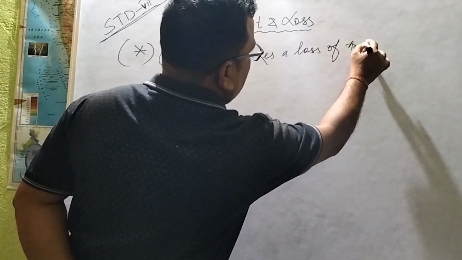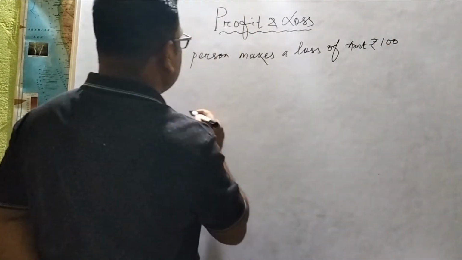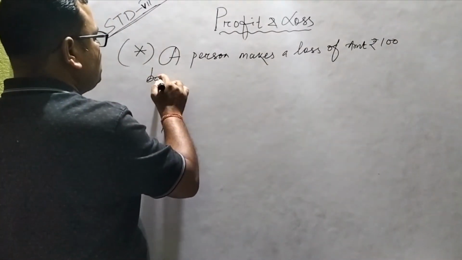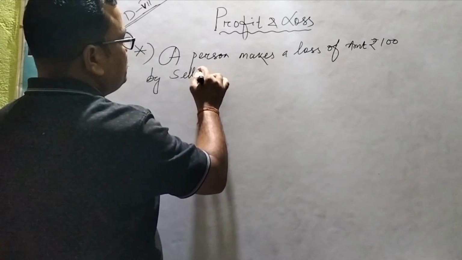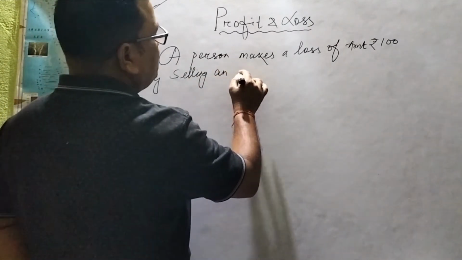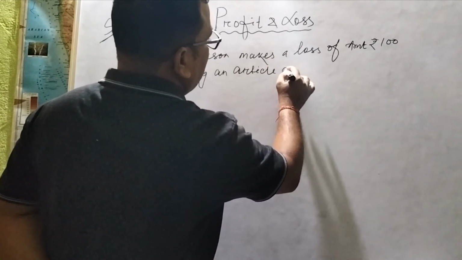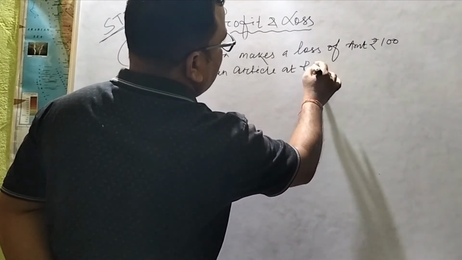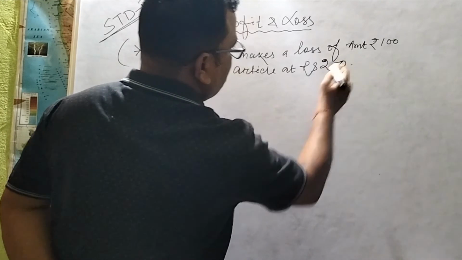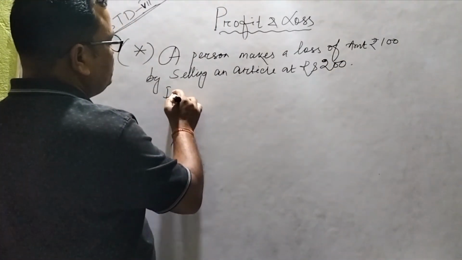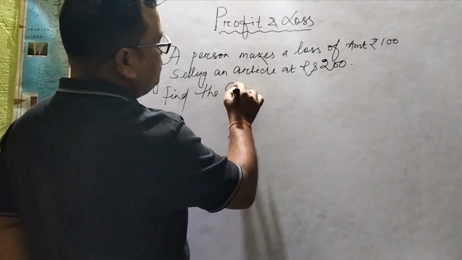Amount rupees 100, by selling an article at rupees 200. Find the cost price.